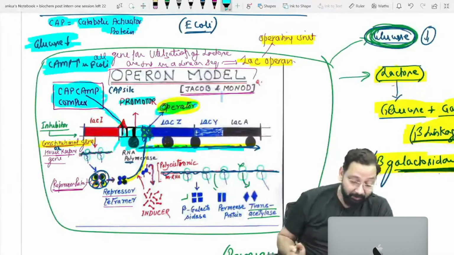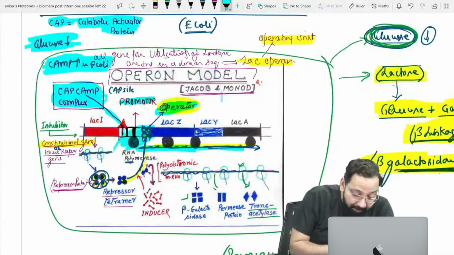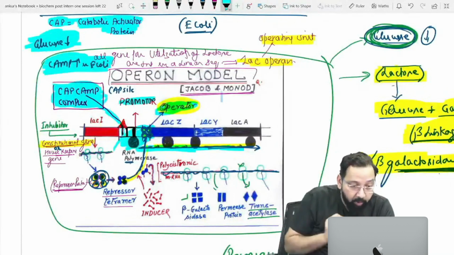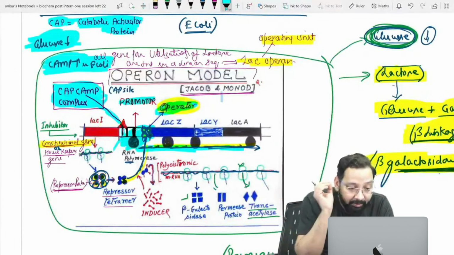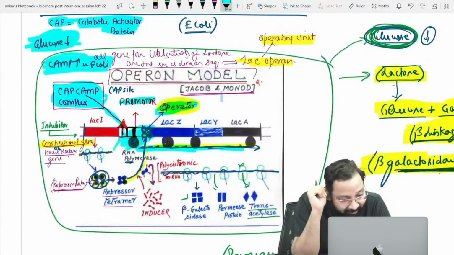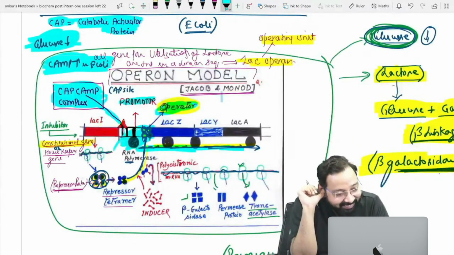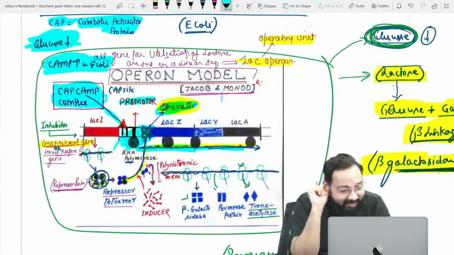Yes, this cyclic AMP indicates glucose is not there. This is the real friend.